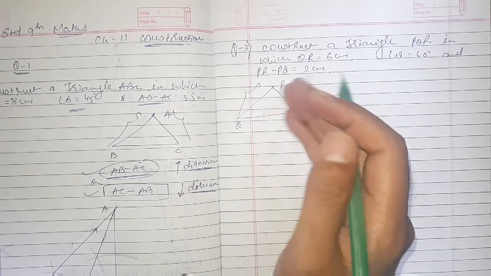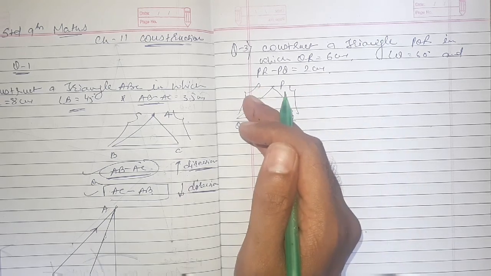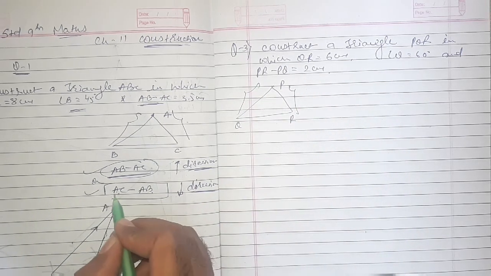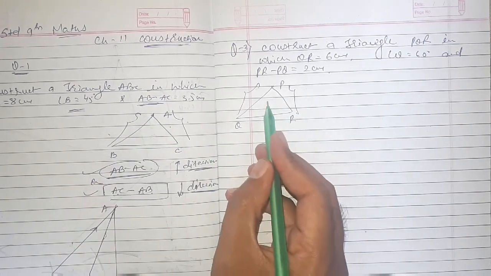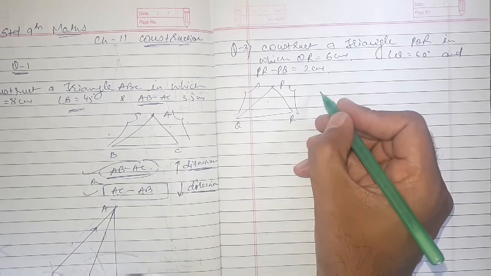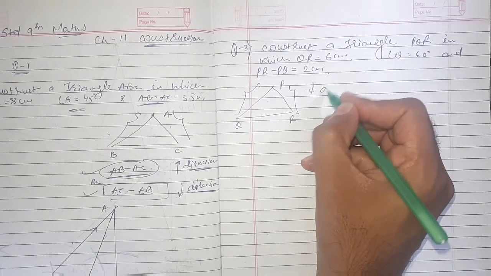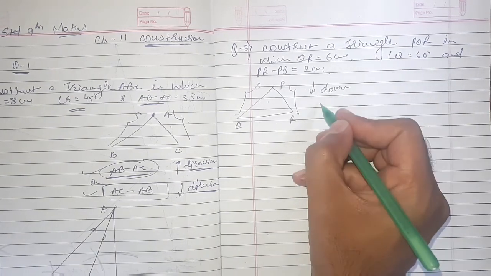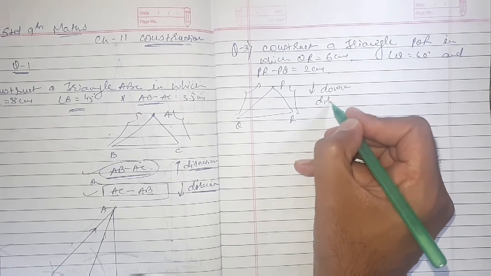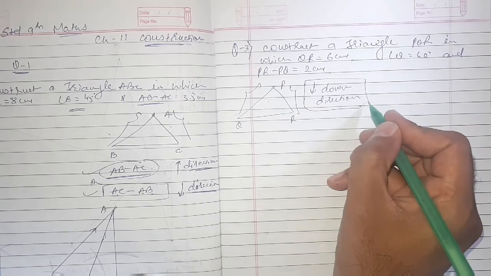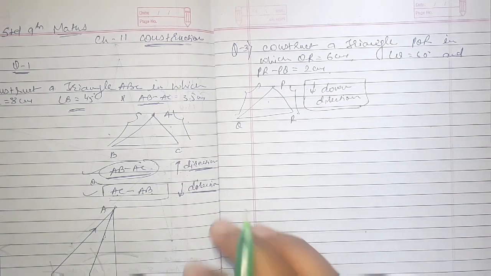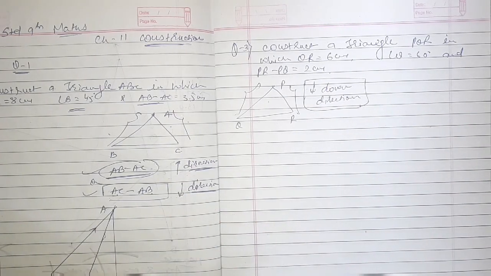Subtraction of the sides is right hand side minus left hand side. That means AC minus AB. PR minus PQ, so we have to draw in the downward direction. So we have to construct this subtraction type with the downward direction.